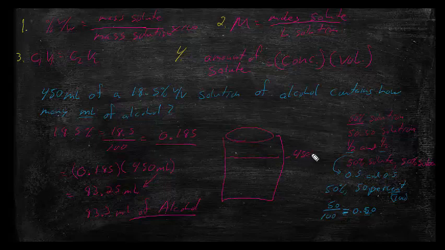It's 450 milliliters total volume. The alcohol is, let's see, if this is 450, this is 225, 112.5, so maybe right about here. That's this much alcohol. 83.3 milliliters of alcohol.